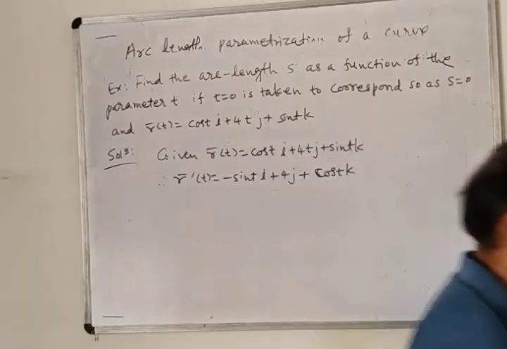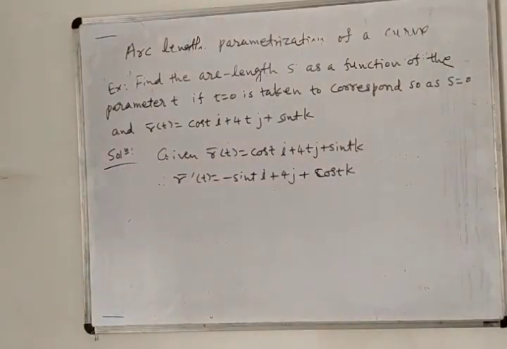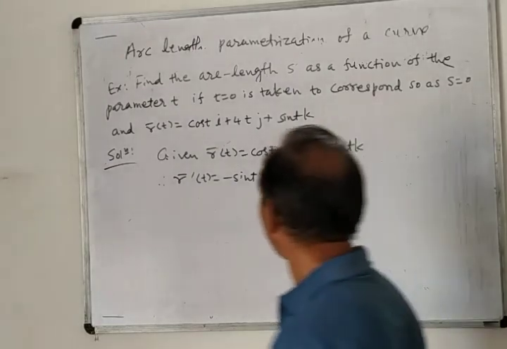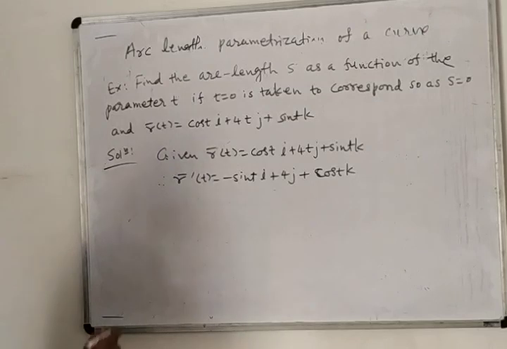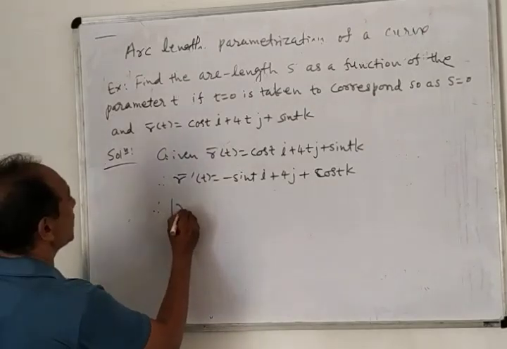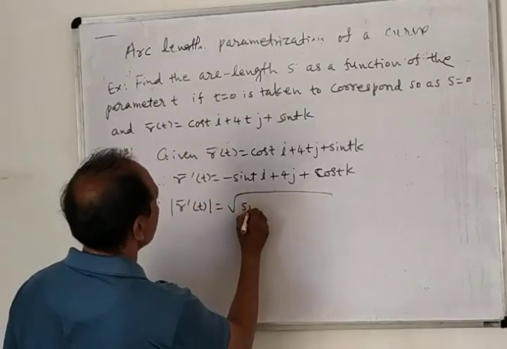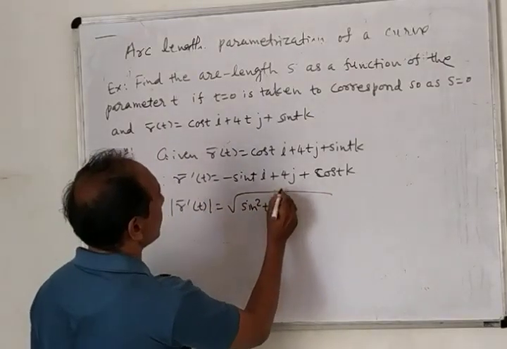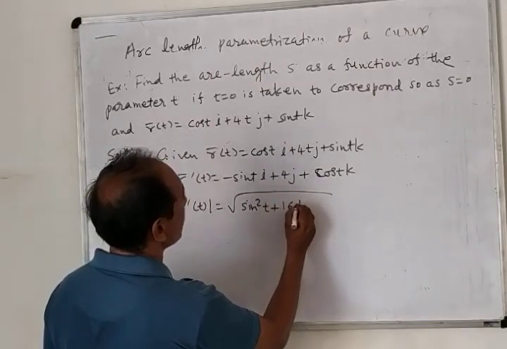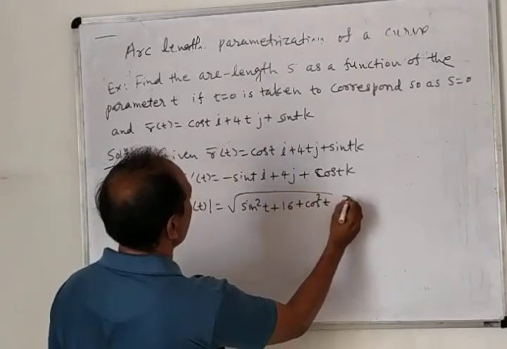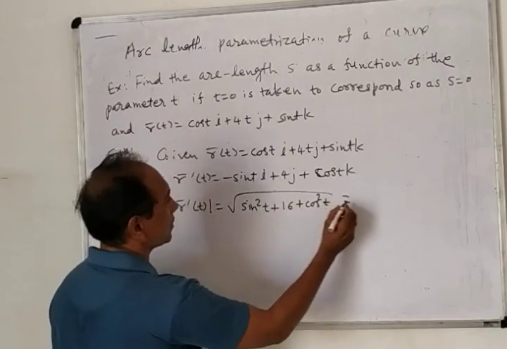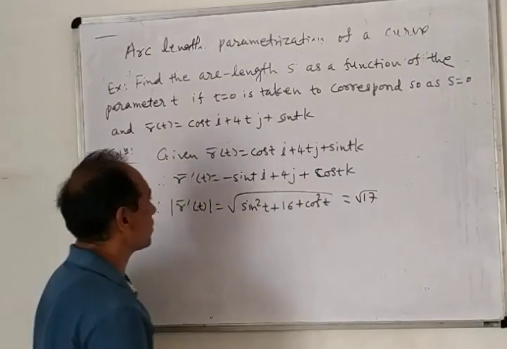Okay, so this is the derivative. And therefore modulus r bar dash t equal to square root of sin square t plus 4 square, that means 16, plus cos square t. But sin square plus cos square is 1. So this is 16 plus 1 is 17. So square root of 17.